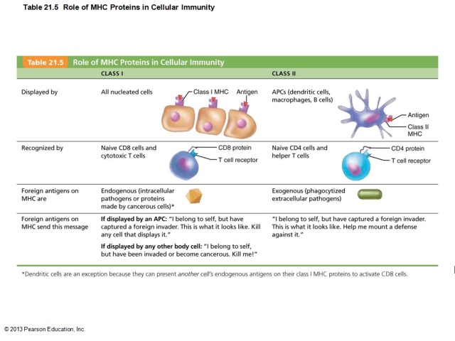MHC class 1 is found on pretty much all body cells except for red blood cells. It's extremely prevalent throughout the body, and it presents a protein fragment of 8 or 9 amino acids long. So it's not very big. MHC class 2 is less widespread, typically found on the surface of cells that present antigens to CD4 positive T cells, places like dendritic cells, macrophages, and B cells, for example.